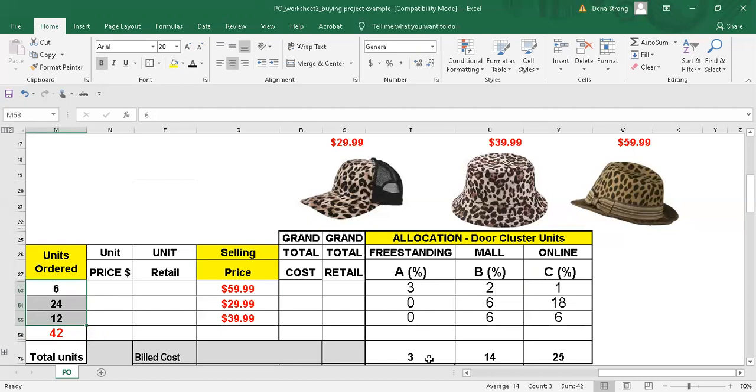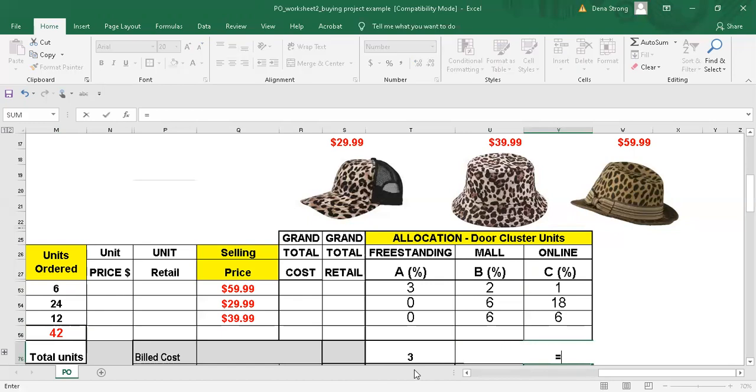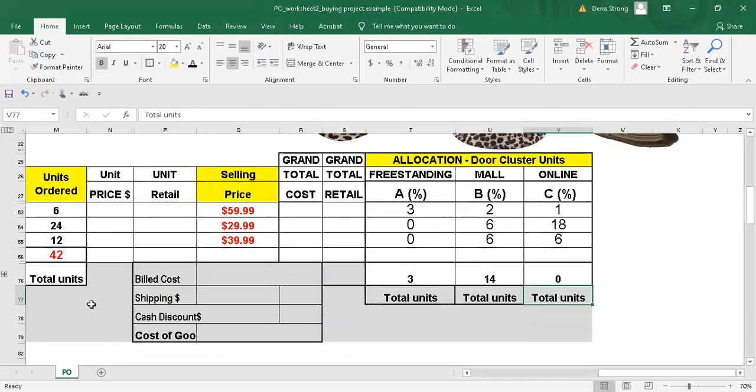And we have allocated 3 to the freestanding store, 14 to the mall, and 25 of the units to the online boutique. So how we're going to allocate these units is: equals 3 hats total going to the freestanding store divided by 42 units total. Sorry, let's do that again.